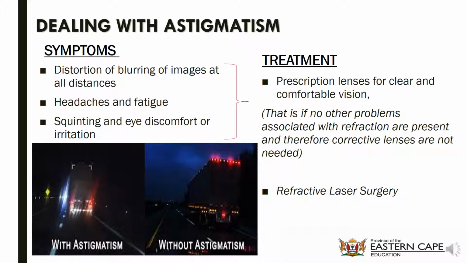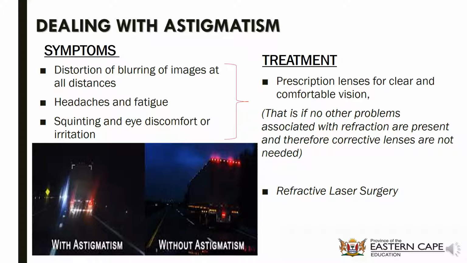Right. And if you look here, this is what someone with astigmatism would probably see. There's a truck. If you do not have astigmatism, you'd see at night a clear truck, there's the lights, but someone who's got astigmatism, this is what they would probably see. Everything would be blurry.